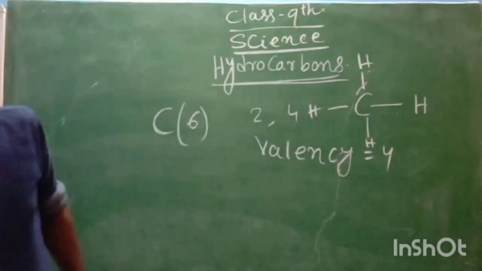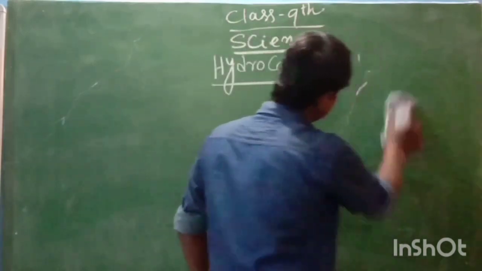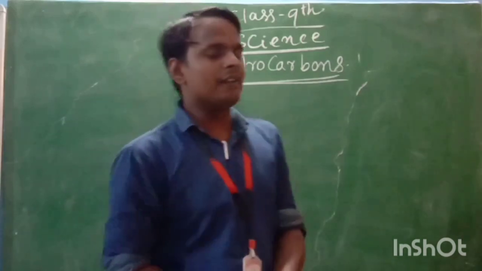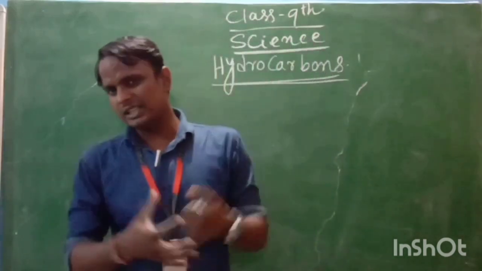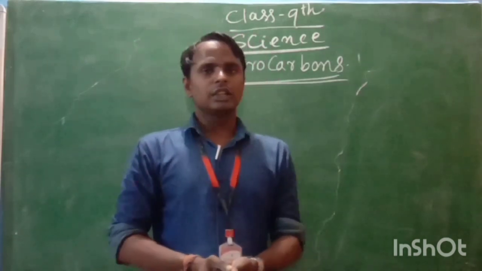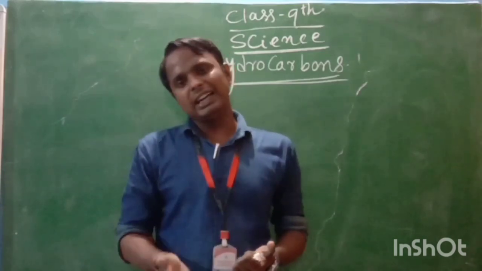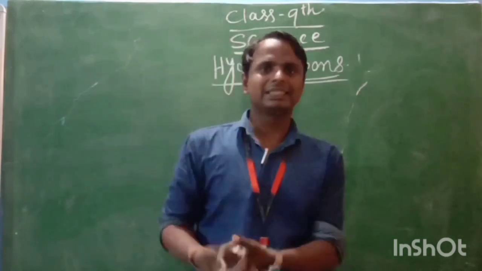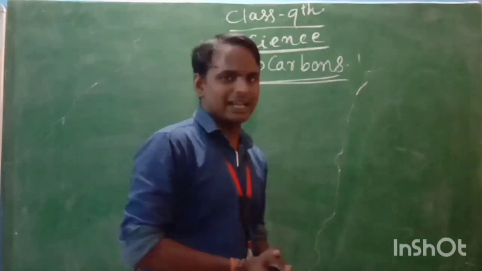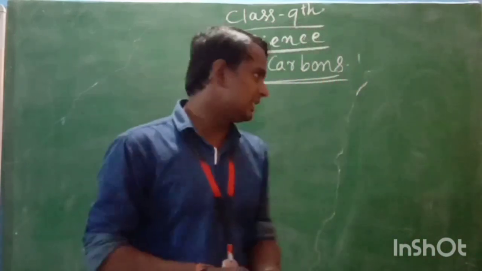Catenation property means the tendency to bond with itself to form long chains. Bond with itself means bond with another carbon atom to form a long chain of carbon like this.